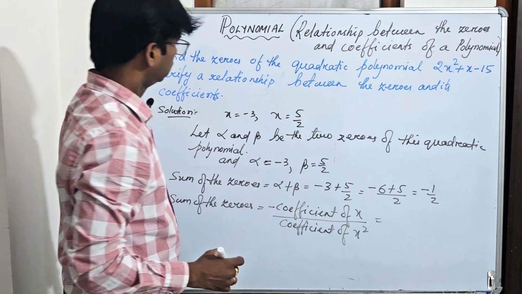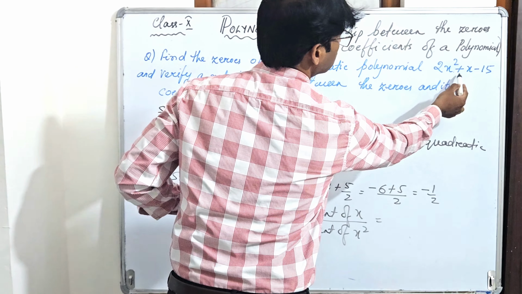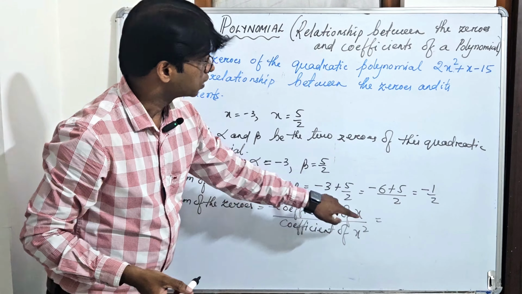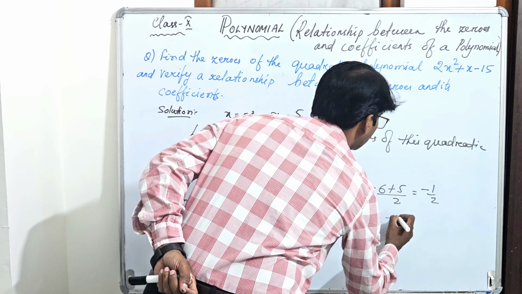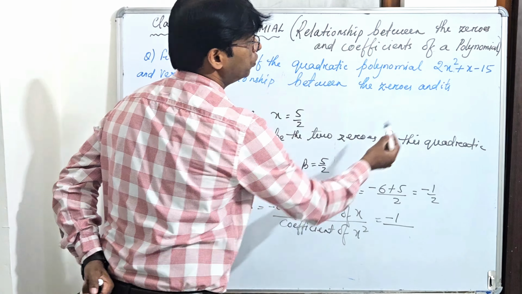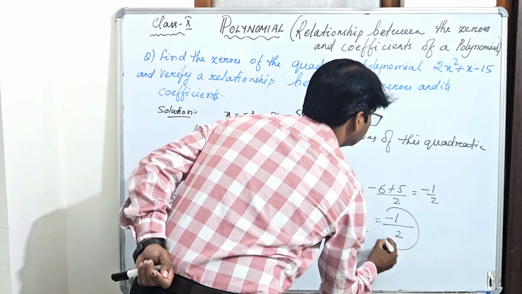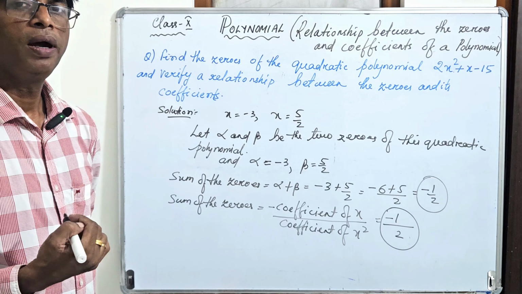So now see, what was the polynomial? It is 2x square plus x minus 15. So you see here, minus of coefficient of x. Coefficient of x is what? Plus 1. So minus of plus 1, that will be minus 1 by coefficient of x square. How much is it? 2. And you see, in both the cases I got minus 1 by 2 and minus 1 by 2.